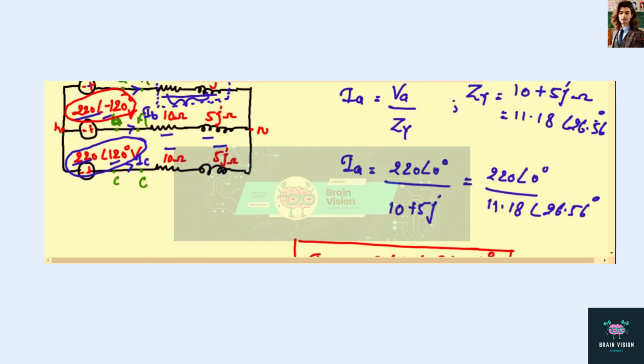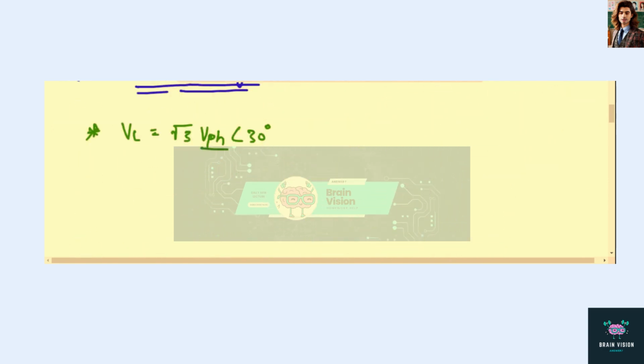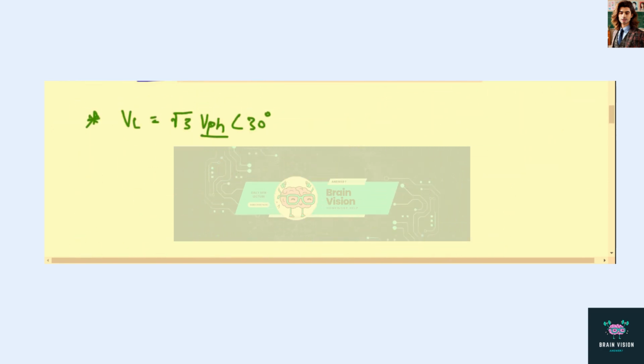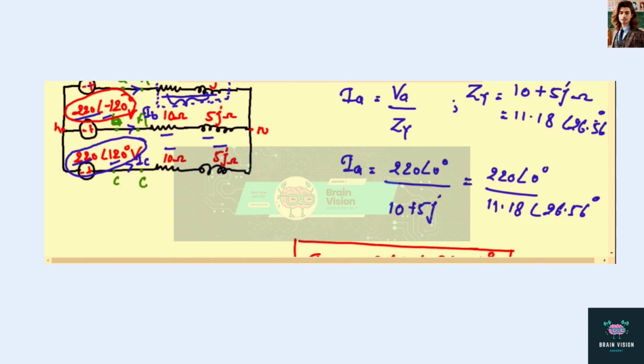So let's suppose I am putting the value of VPH of A, that is 220 angle 0. So we can simply get the value of VAB, because if you look over here, the nomenclature is this is our A, this is our B, and this is our C, right?